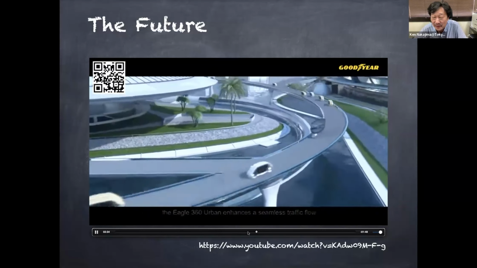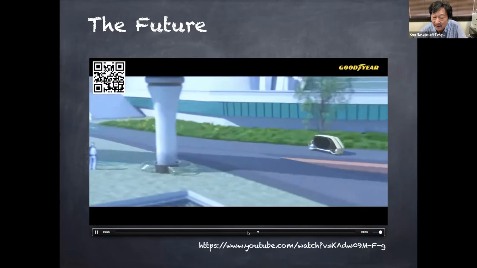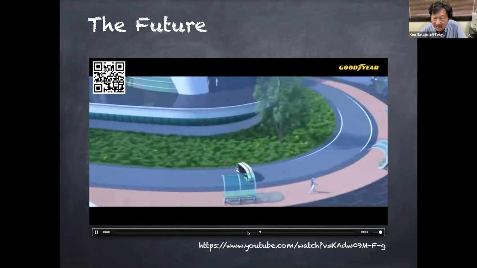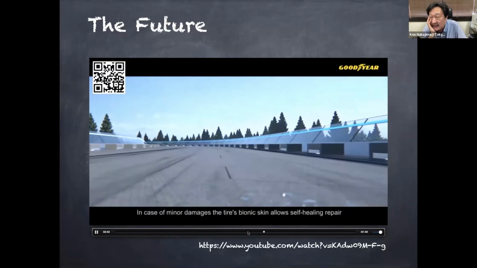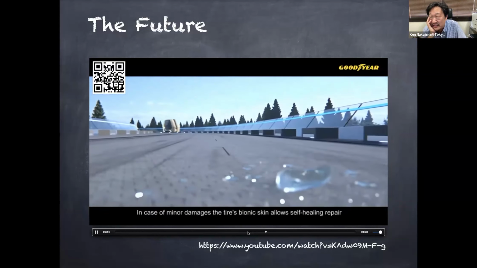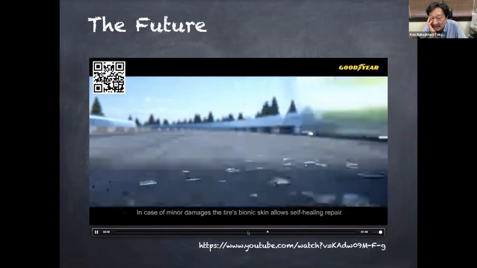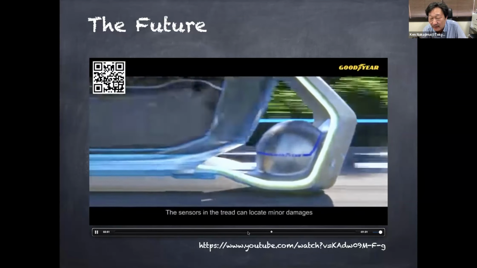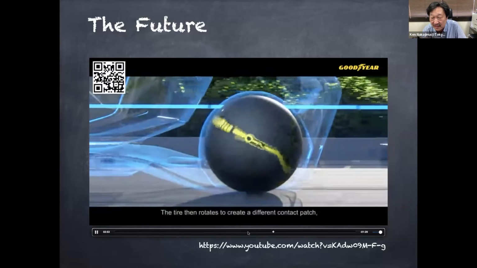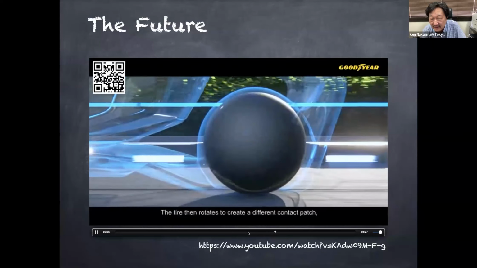Although maybe human beings cannot follow, maybe with the help of AI technology, this kind of future can be possible. And this movie also shows an automatic detection system for the broken area.